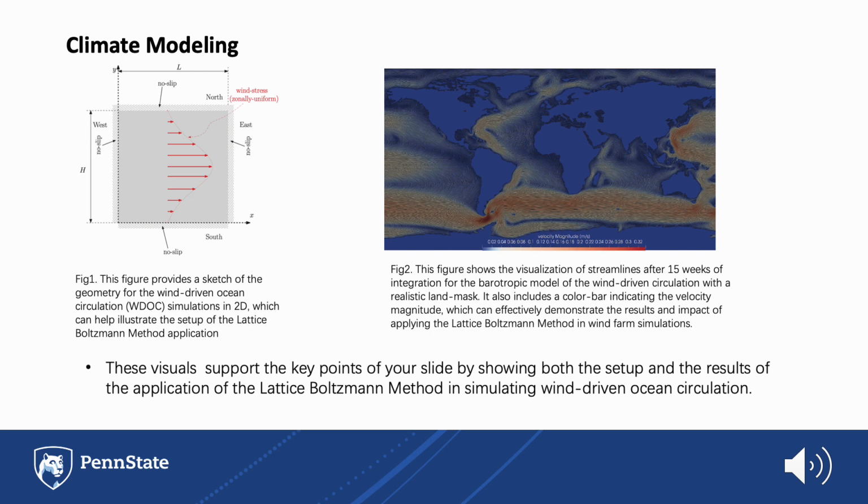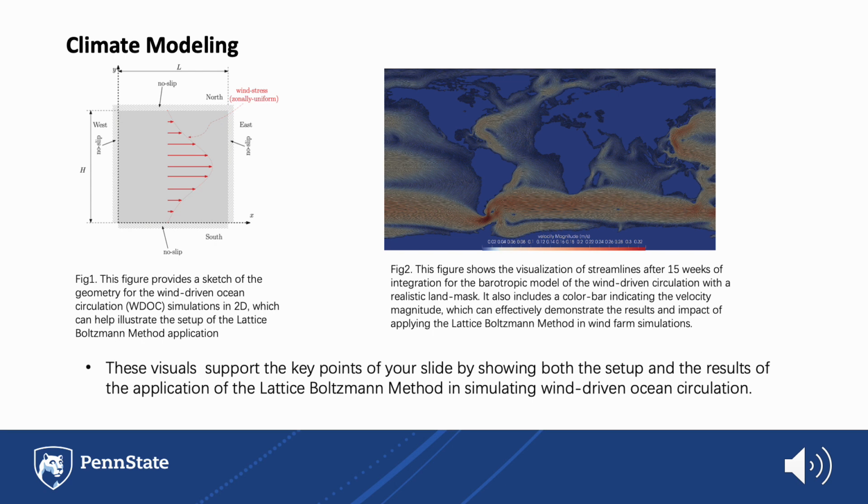And as you can see in figure 2, it shows the visualization of streamlines after 15 weeks of integration for the barotropic model of wind-driven circulation with a realistic land mask. It also includes a color bar indicating the velocity magnitude, which can effectively demonstrate the results and impact of applying the lattice Boltzmann method in wind farm simulation.